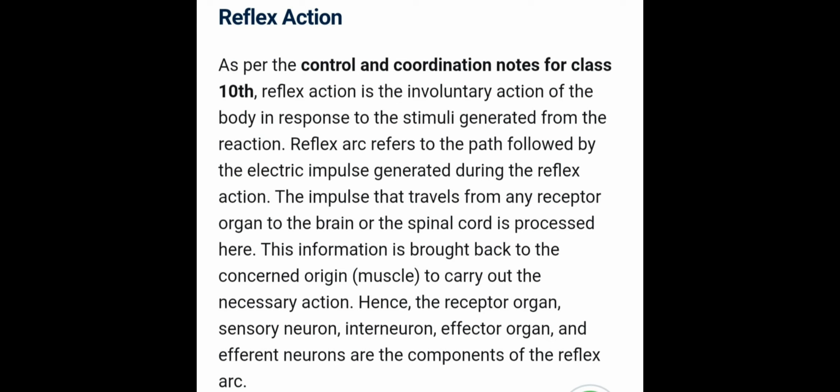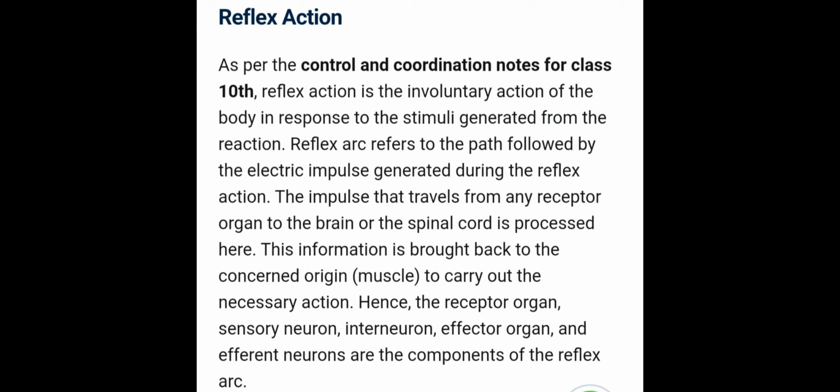The impulse that travels from any receptor organ to the brain or the spinal cord is processed here. The information is brought back towards the muscles for necessary action. Hence, the reflex arc consists of receptor organ, sensory neuron, interneuron, effector organ, and efferent neurons.